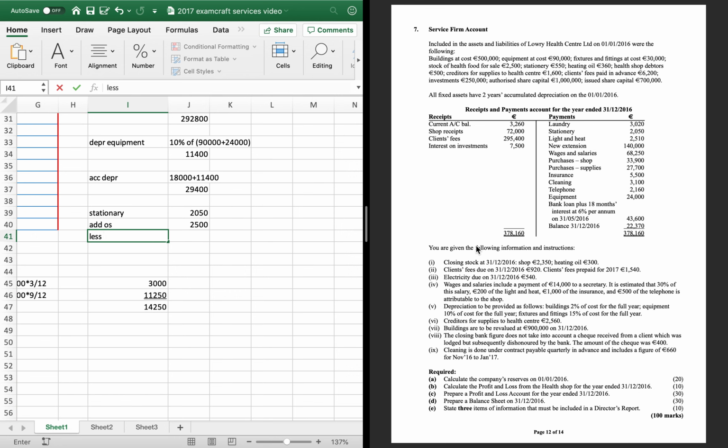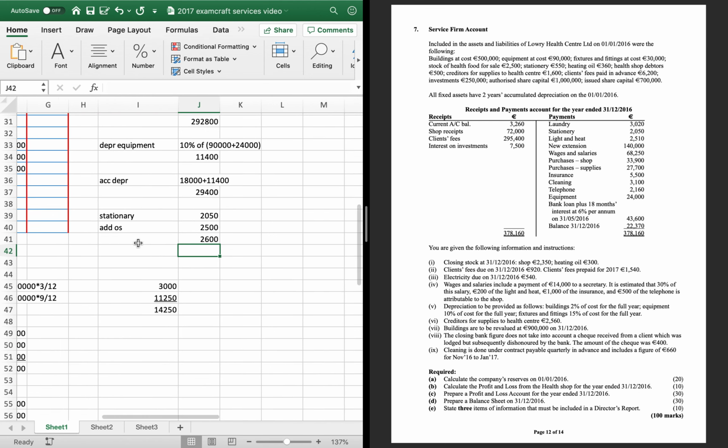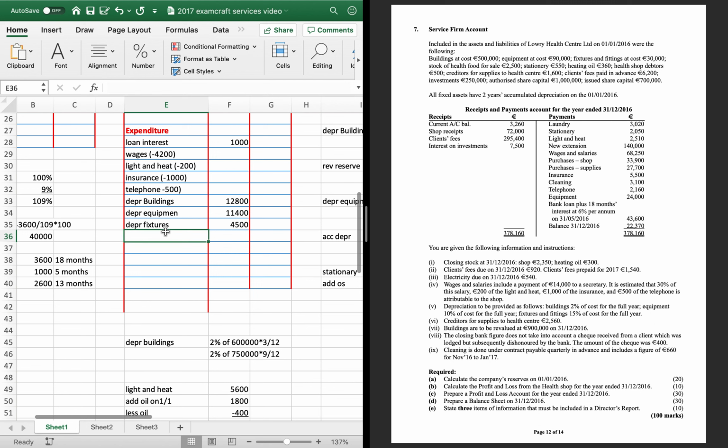I can't see any actually. So just add them together and you get 2,600. So your expense is 2,600. Okay, that's that one.